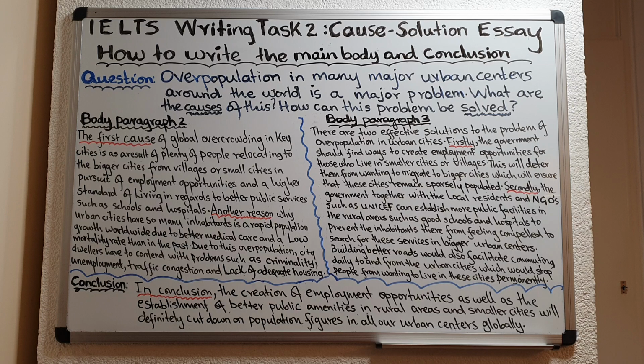The first cause of global overcrowding in key cities is as a result of. That is the first linking word. As a result of means because of. So if you want to use because, you can use that. But if you're aiming for a band 9, then you should use as a result of. Plenty of people relocating to the bigger cities from villages or smaller cities. So the first reason as to why we have overpopulation in major urban cities is because of people relocating.